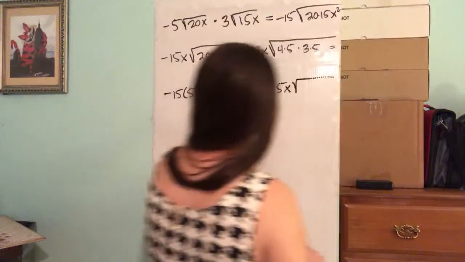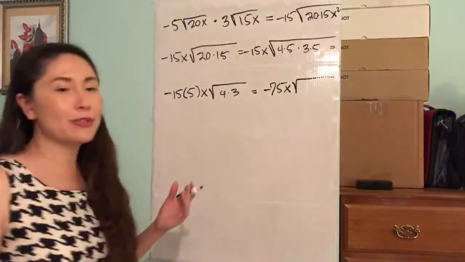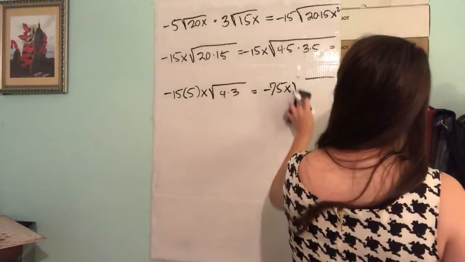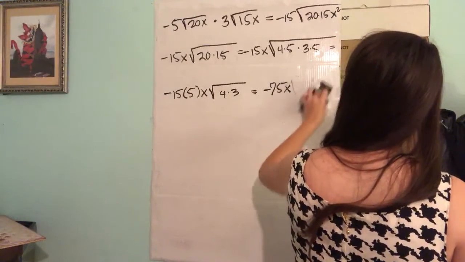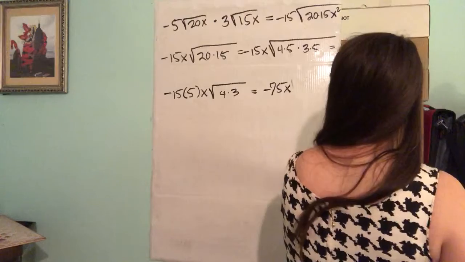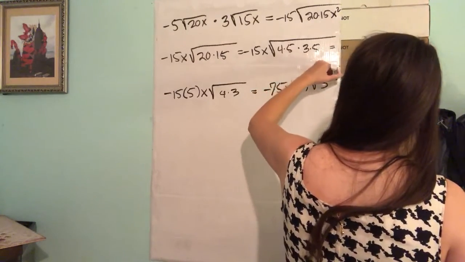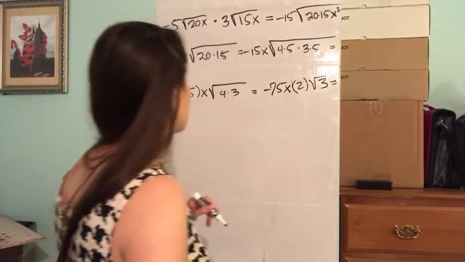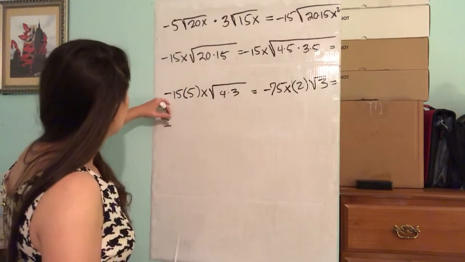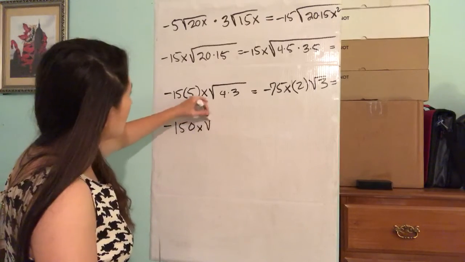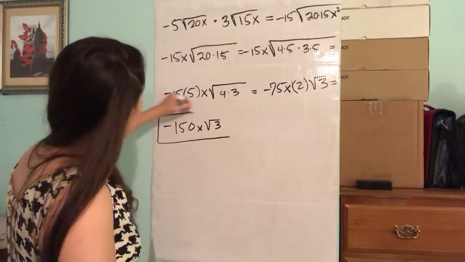And can this 4 break down? Well, what's the square root of 4? It's 2, right? The square root of 4 is 2. So we can take the 2 out. So this is going to be times 2 times the square root of 3. So -75 times 2 is -150x times the square root of 3. Okay.